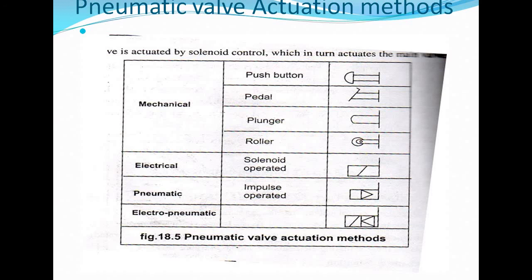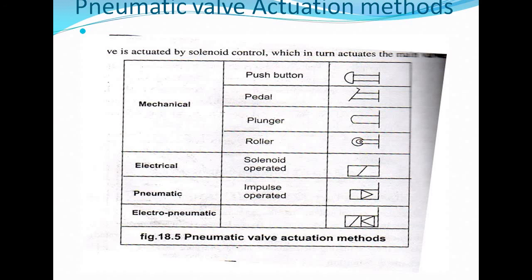Under mechanical there are 4 ways, that is push button, then pedal, foot pedal, then plunger, and then by using roller. So these are the 4 ways. By using these 4 ways we can actuate the valve.